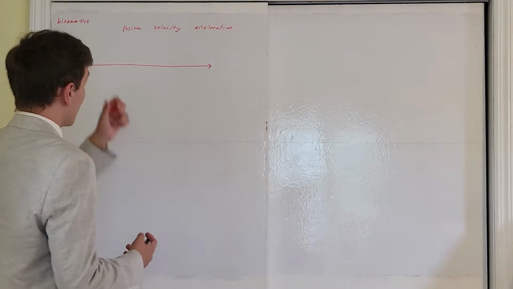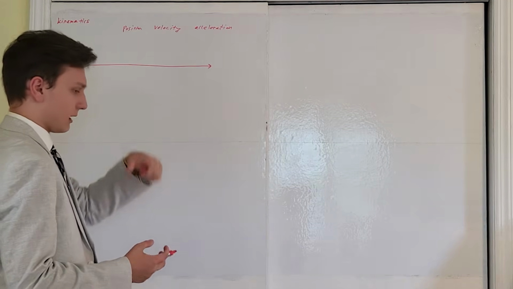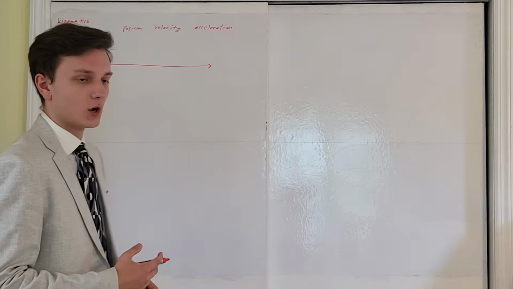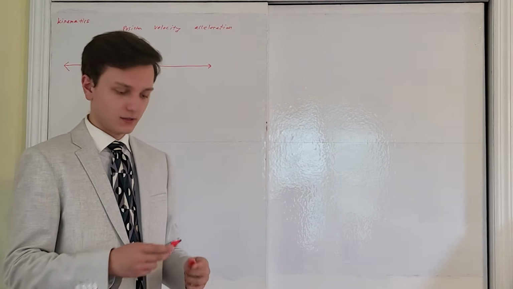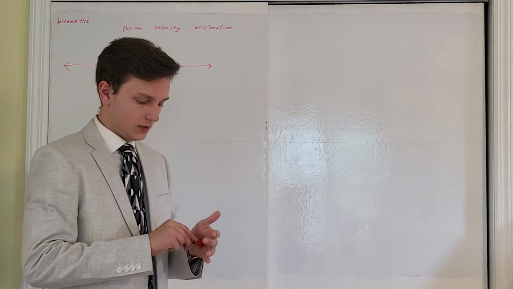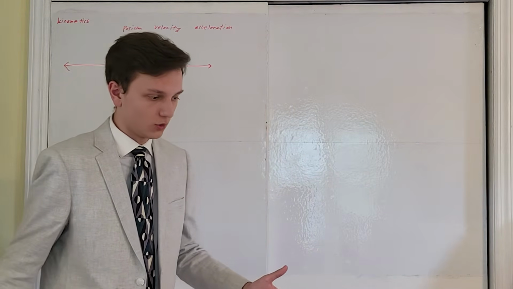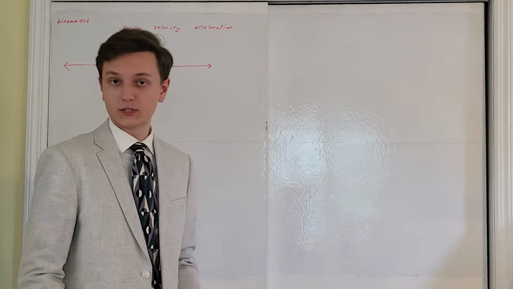Okay? So in any kinematics problem or in any problem in physics, we need to define where zero is. So in all of physics, you have the discretion to define where your axis is, where your measurements are going to be.